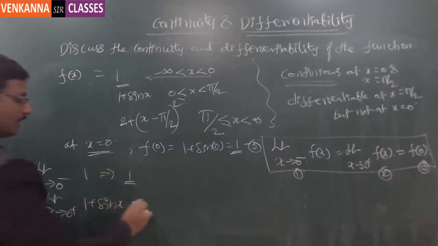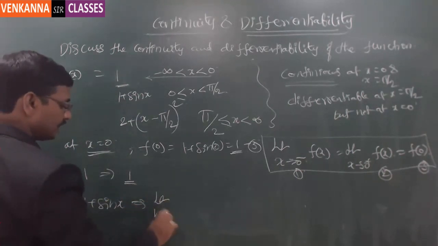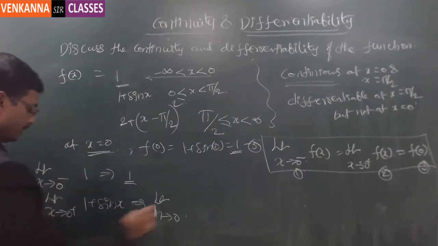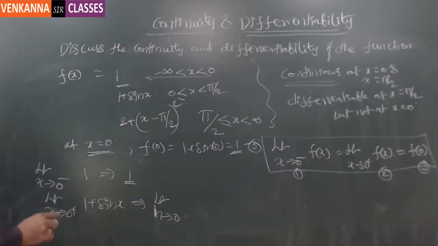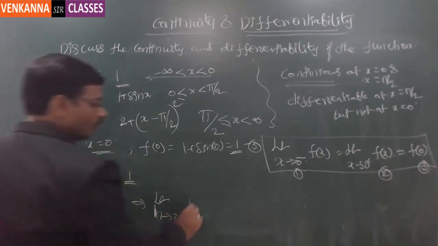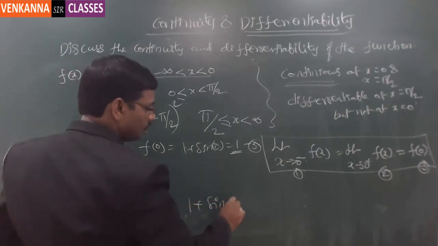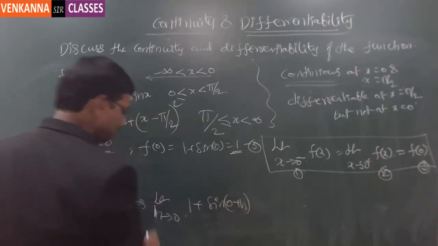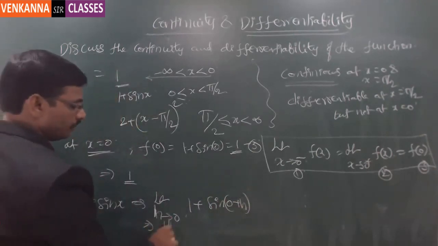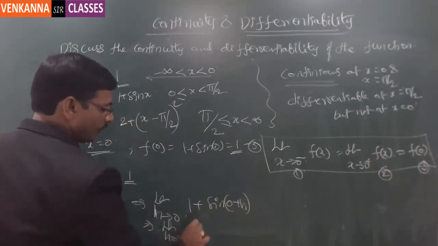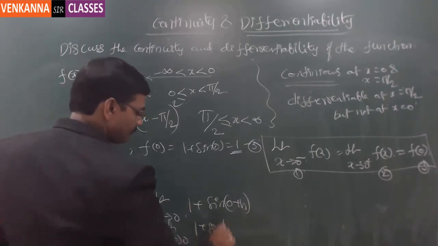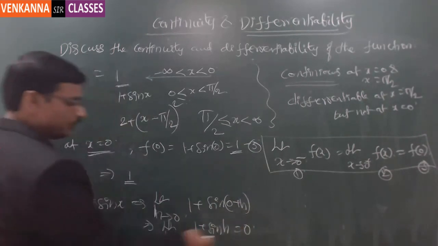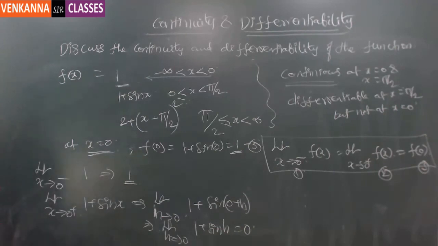Now this can be written as limit h tends to 0. So 0 plus can be replaced with 0 plus h. f of 0 plus h is 1 plus sin of 0 plus h. So this is limit h tends to 0 of 1 plus sin h. Since sin 0 is 0, this is 1.